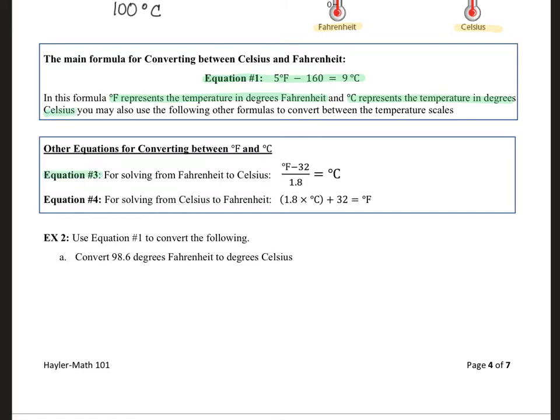So we have equation 3 and equation 4. That should not be equation 3 and 4. That should be equation 2 and 3. Somehow I got that mixed up. So please go ahead and change that on your notes. I should just use the eraser.